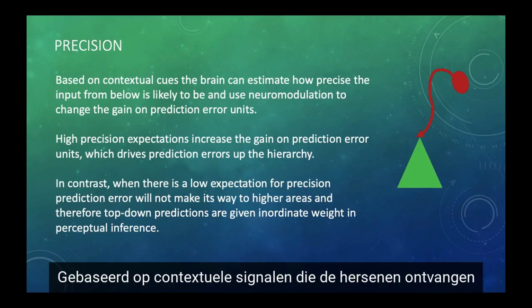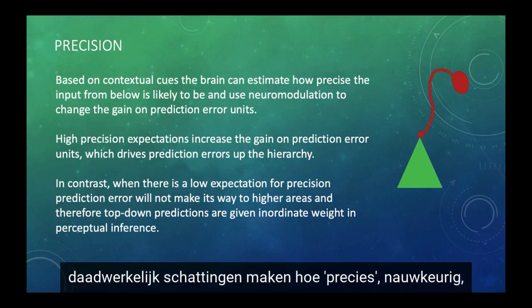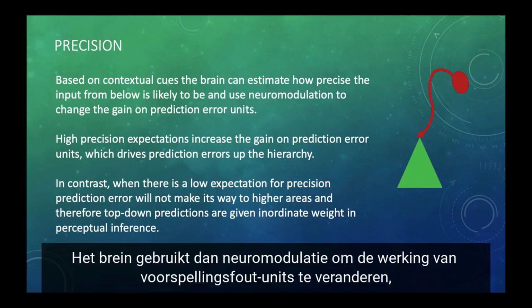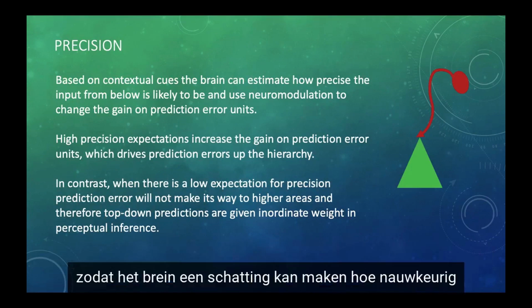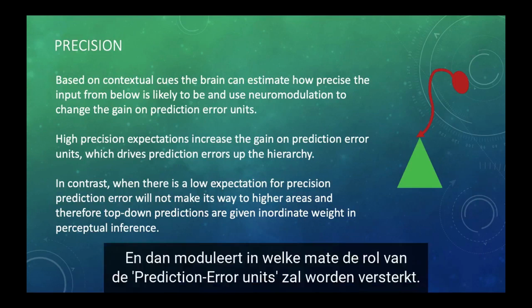Based on contextual cues, within the predictive processing theory, the brain can make estimates about how precise the input is likely to be, and use neuromodulation to change the gain on prediction error units. So the brain can guess how precise the signal is going to be, and then modulate how much gain to put on the prediction error units.